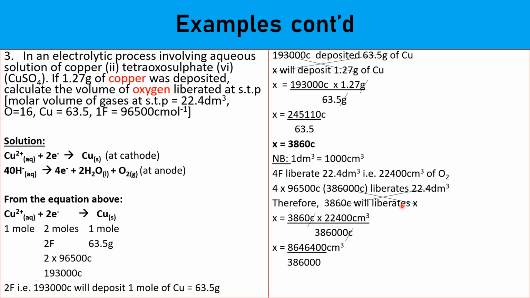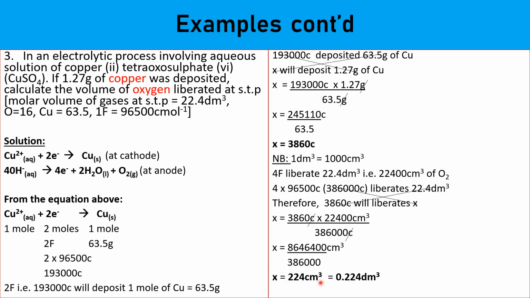But what it means is that if you use 22,400 cm³, you will have to convert your answer back to dm³ at the end, and I'm trying to show you what you will get if you use cm³. So the product is going to be 224 cm³, but you were not asked to leave your answer in cm³ in the question.